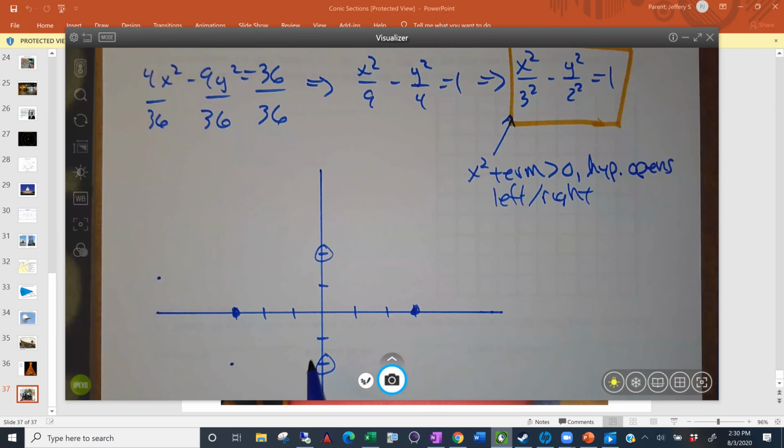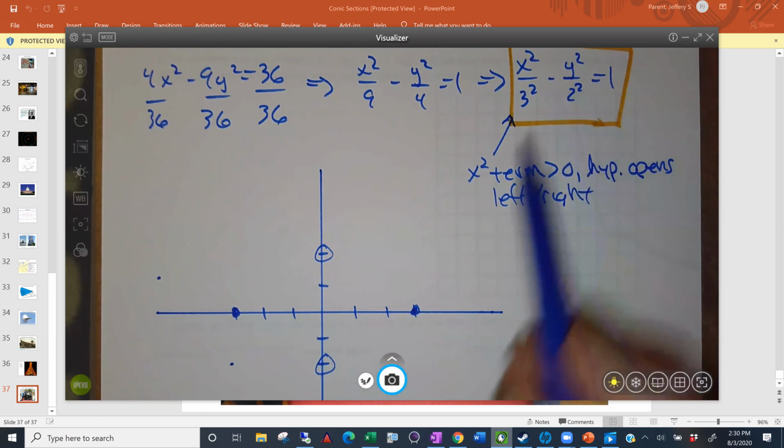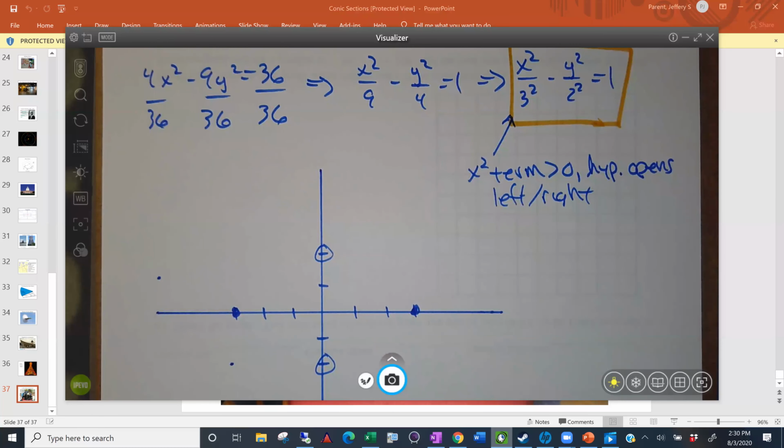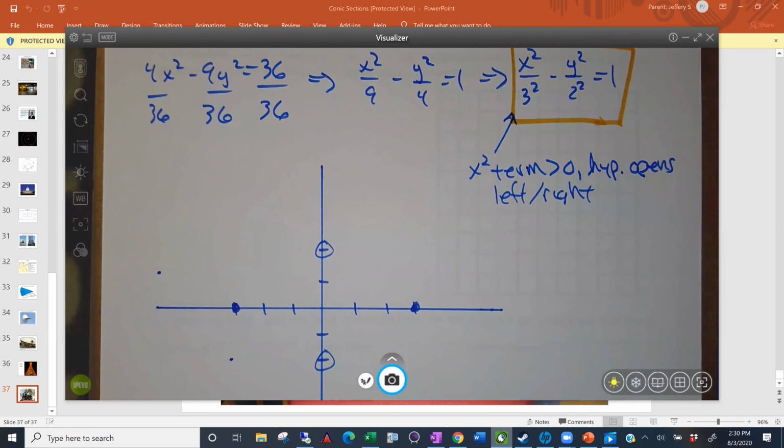So these aren't exactly vertices. They would be the vertices that you'd be plotting if that was a plus sign and this was an ellipse. So that's exactly the 4 points that I'm going to work with. It's just that you've got to remember there's a minus there. This is a hyperbola.